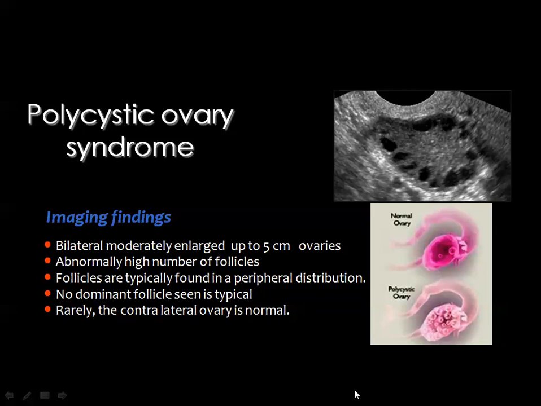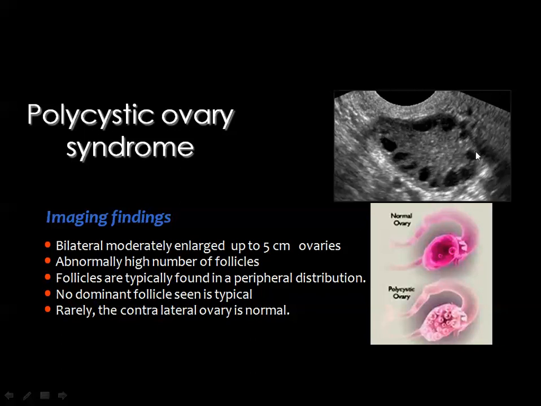In the imaging findings, you can see the ovaries are bilaterally enlarged, and there is an abnormally high number of follicles, and the follicles are found in the periphery of the ovary, with no dominant follicle in the scan.